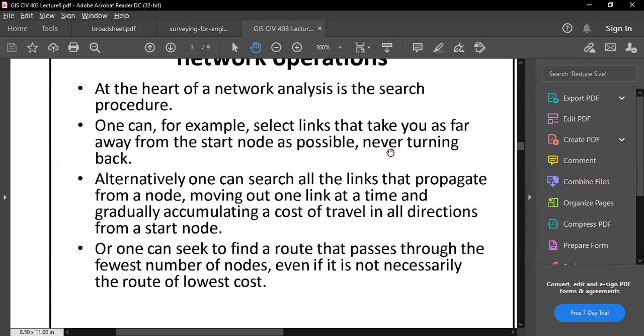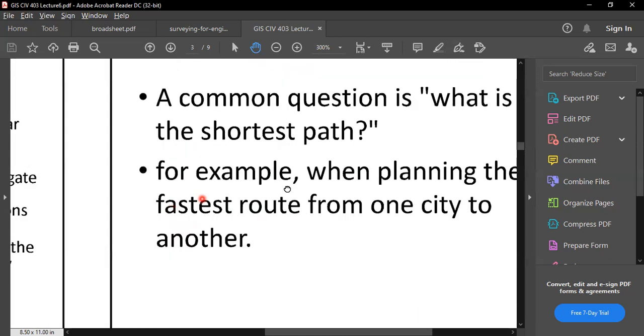Getting to a destination may make use of so many nodes. These nodes are like places where you're going to have junctions. For some reason, you want to avoid that. We can do that as part of our search procedure.